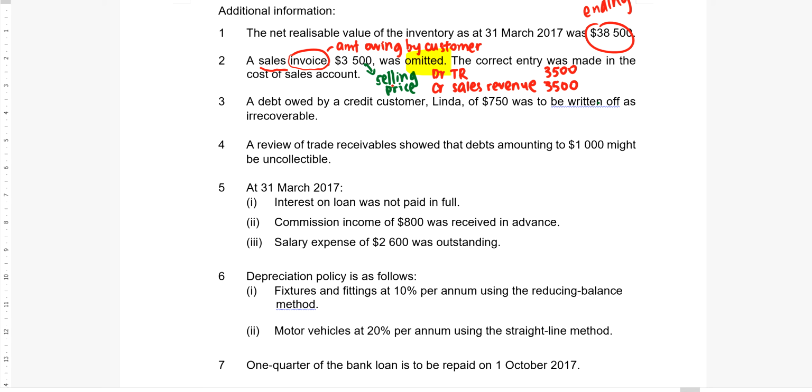By right, when we sell goods, we should also record the cost price. In this case, the cost price is recorded as debit cost of sales, credit inventory.